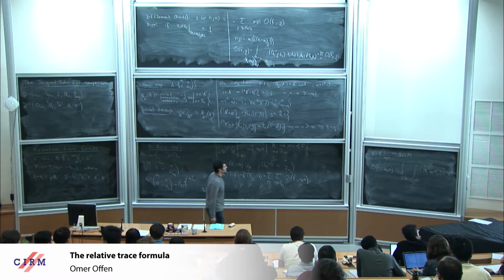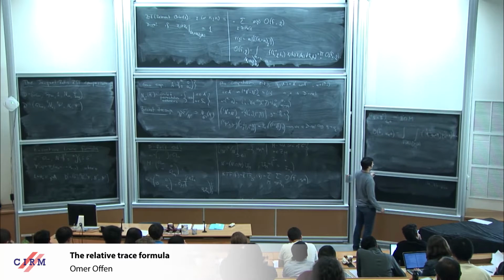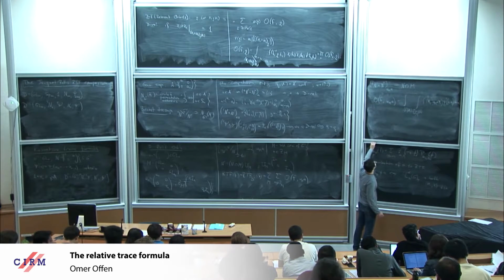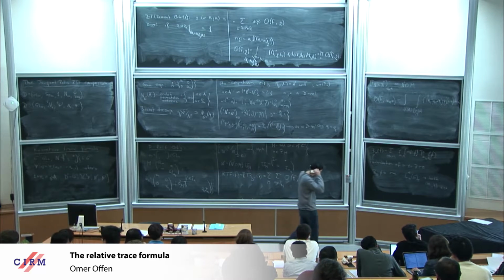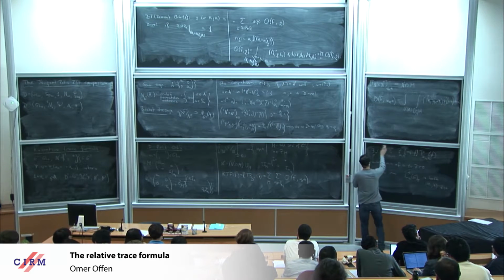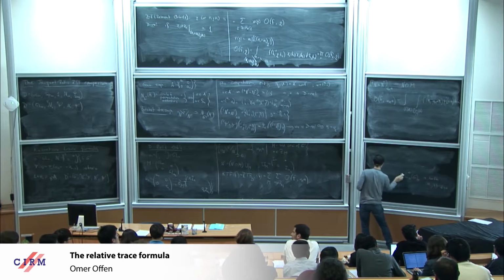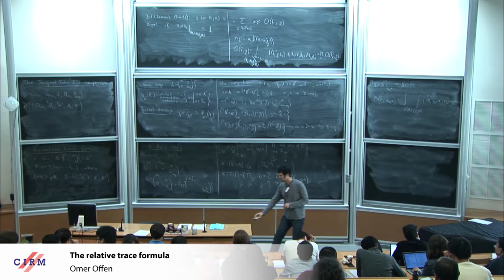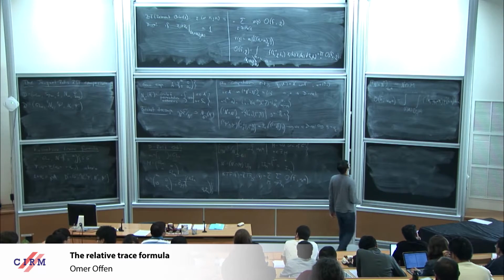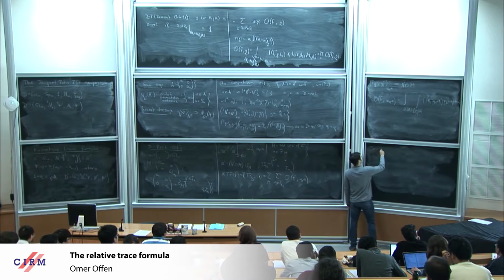Okay, so in this case, one can actually write down, at least morally, what the spectral expansion looks like. So the form of the spectral expansion of the Kuznetsov trace formula should be of the following form.